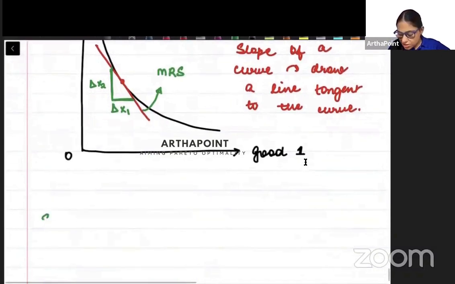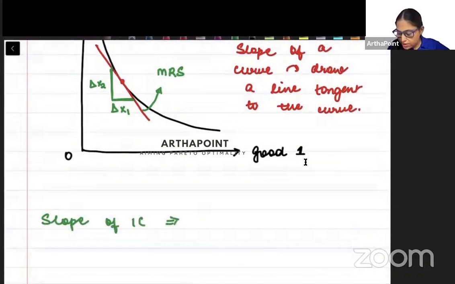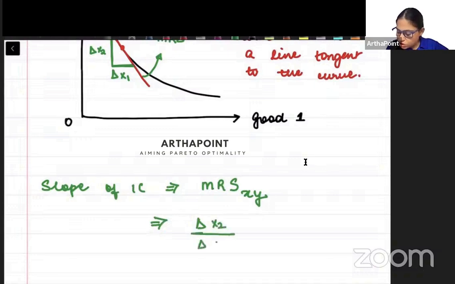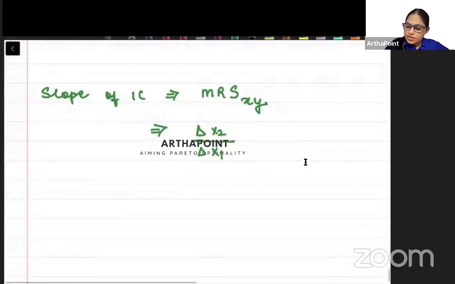So what is the slope of the indifference curve? It is called MRS XY. What is MRS XY, beta? It is change in X2 by change in X1. That means, how do I define this thing, beta?